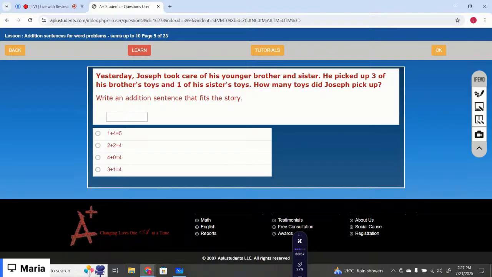So 3 plus 1 equals 4. The last option is the correct option.